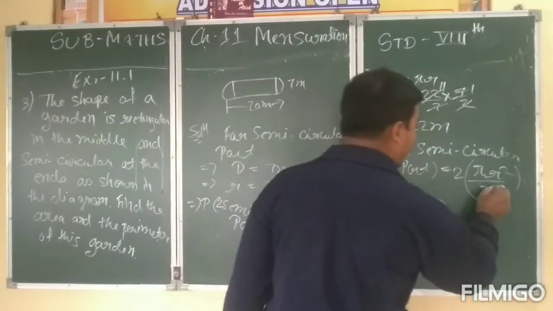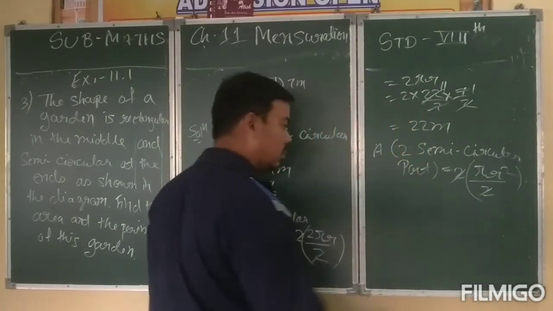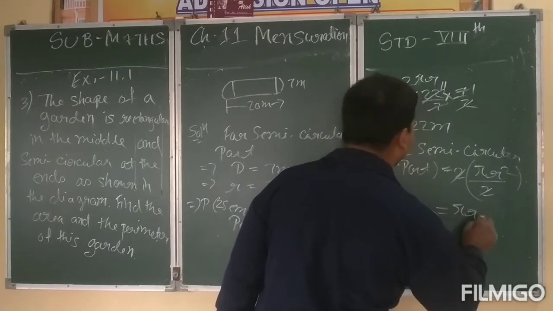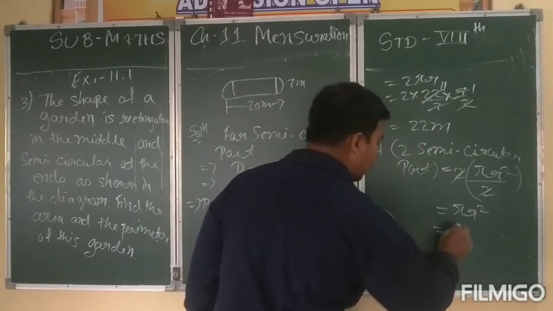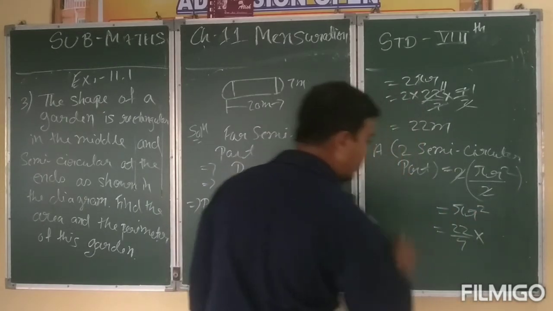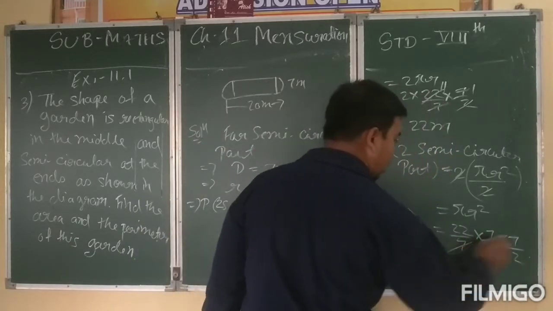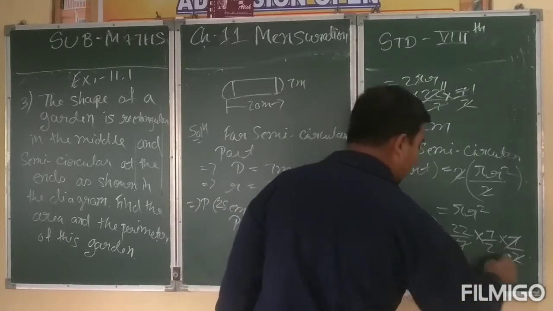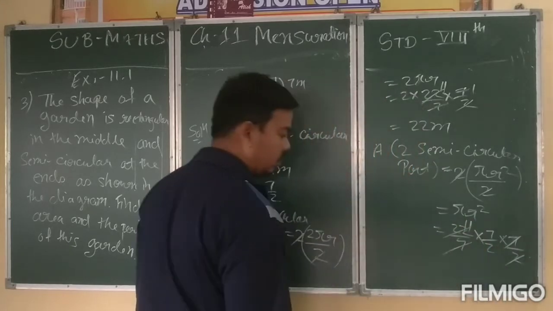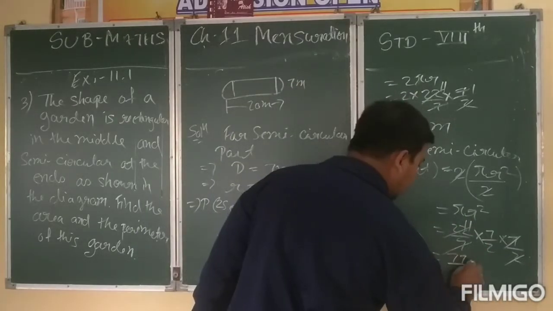Okay, so again 2 is cut, so it is pi r square. Pi is 22 by 7, r is 7 by 2 into 7 by 2, 7 is cut, 2 11 22, 77 by 2.